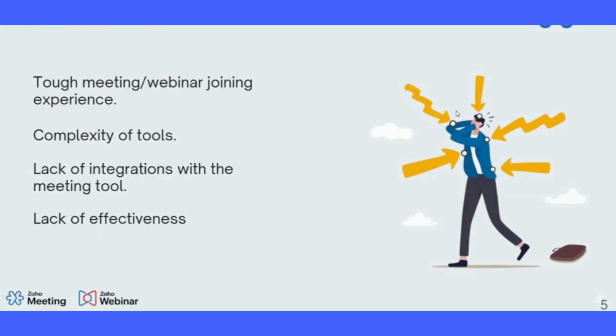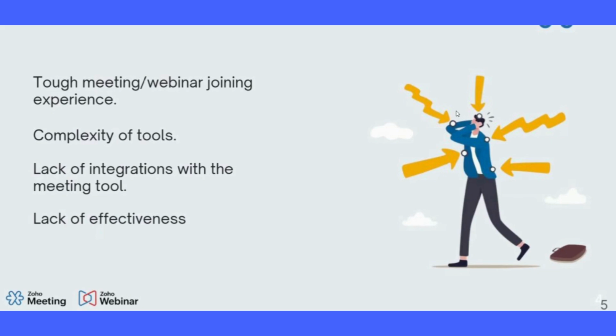And also the lack of effectiveness. This is basically about how effectively you can work within your tool. Maybe a raise hand option, maybe adding an external participant into the meeting real quick, or maybe chatting with coworkers, or maybe stopping the chatting, controlling the chat option.